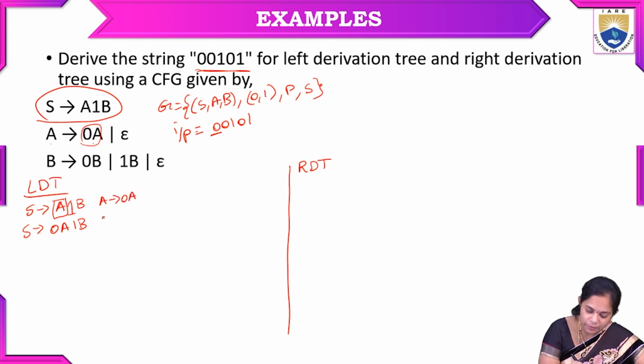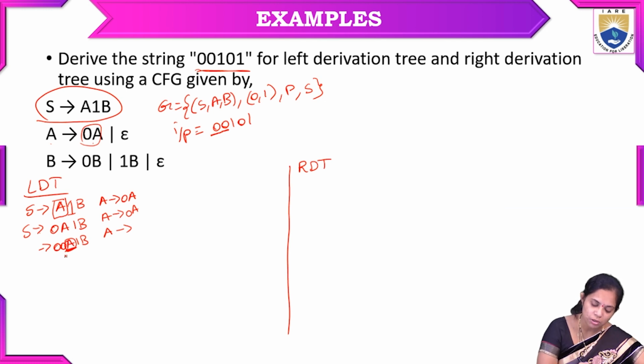And next, A tends to, again in the input string we have 0. So is there any A with the 0 input symbol? Only one production rule is there: 0, 0, A, 1, B. And again the A we have, so here we already have the leftmost non-terminal.